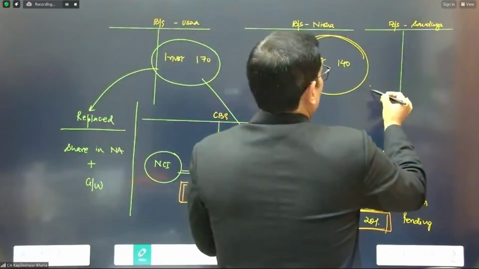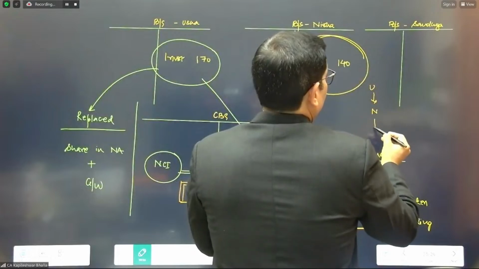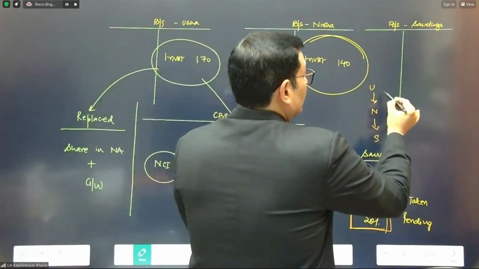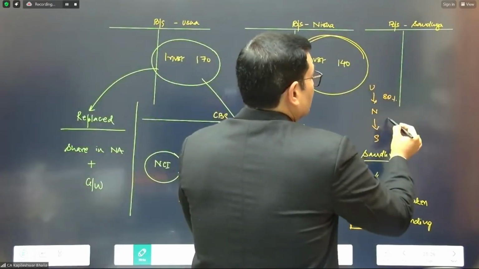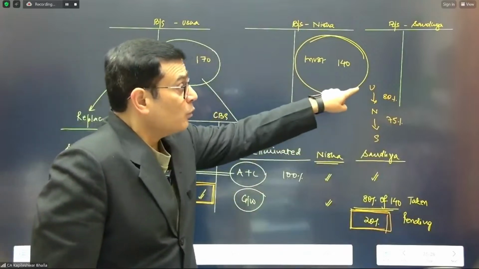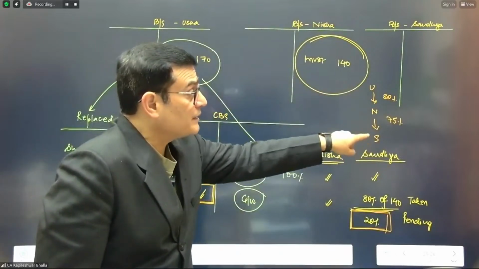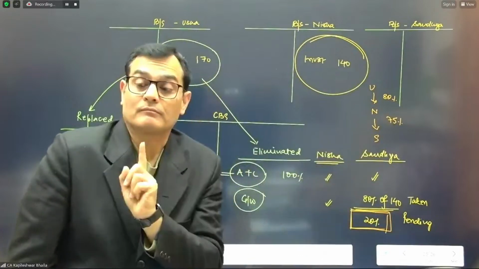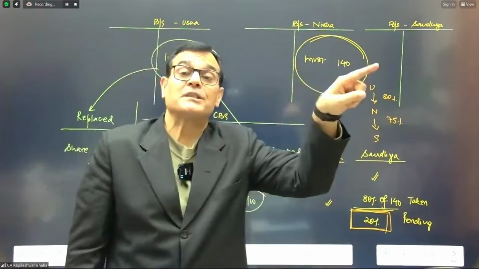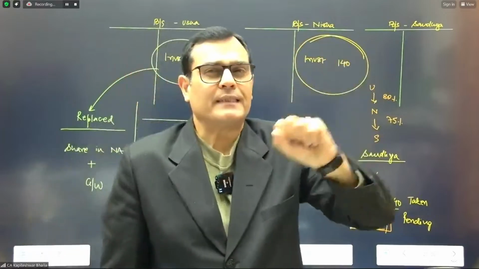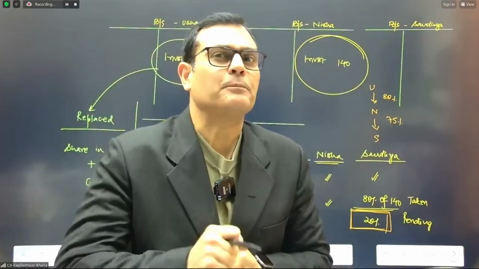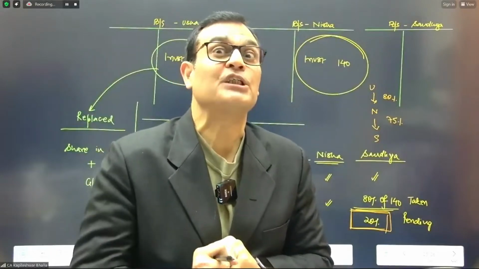So we need to look at it very carefully. If you look at the chain, Usha has got shares in Nisha, and Nisha has got shares in Sandhya. We know that Usha has got 80% in Nisha, and Nisha has got 75% in Sandhya. Now please hear this carefully. Whatever money is invested by Nisha, 80% comes from Usha, the parent, and 20% comes from the NCI of Nisha.